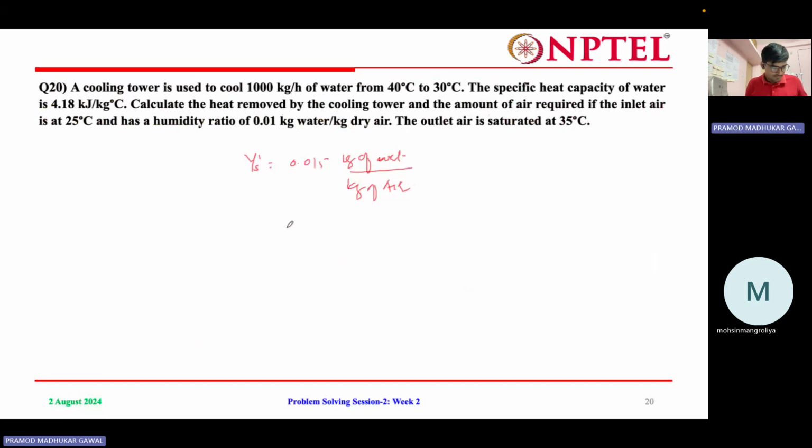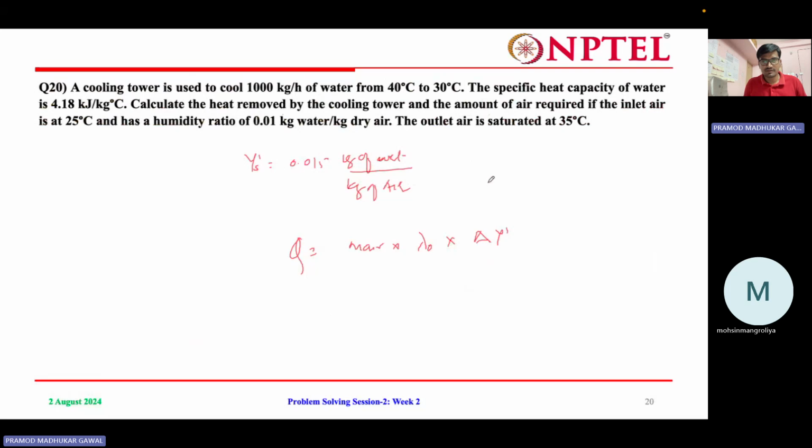So Q equals m air into latent heat into difference of humidity, right?